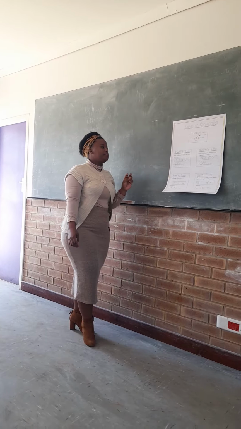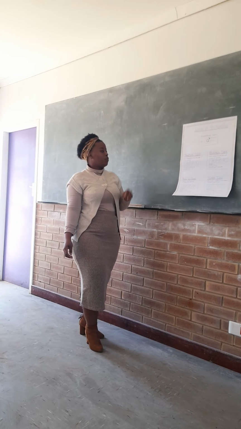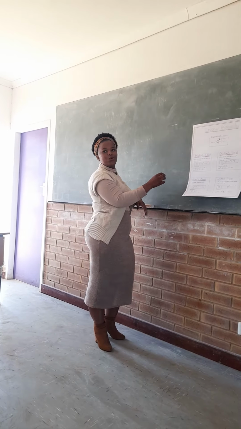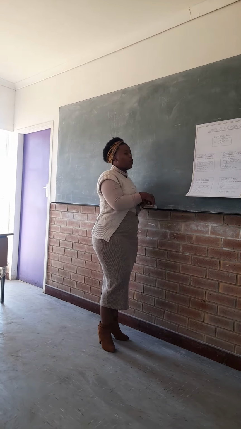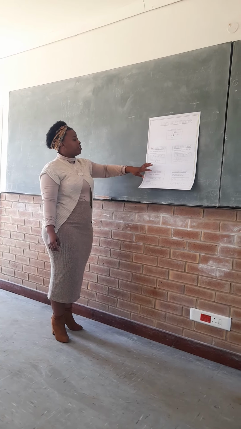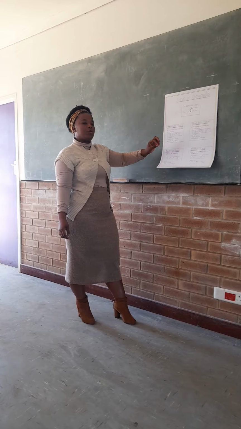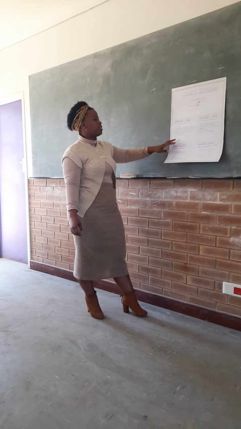The second example, we have q to the exponent of 3 multiplied by q to the exponent of 4. So we're going to add our exponents because we are multiplying the same base.